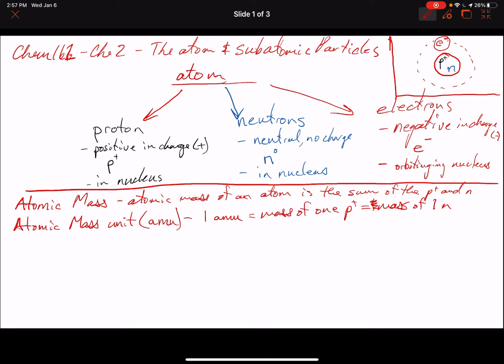Also related to this is the fact that 1 AMU is also equal to 1 Dalton, capital D, lowercase a. And you may see Daltons reported for atomic mass or even ultimately molecular weights. And you'll especially see the units of Daltons in the domain of biochemistry if you go on into the sciences or other classes. Okay, so with that, we're able to start to capture the weight of a single atom and ultimately the weight of many, many atoms, contributing to ideas like molar mass, which we'll see later in our course.